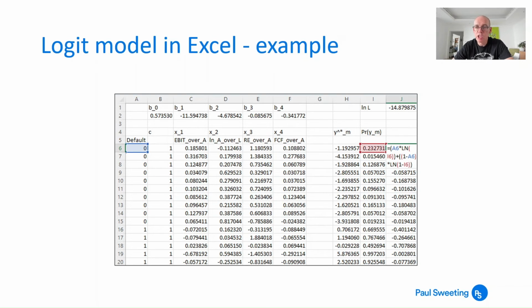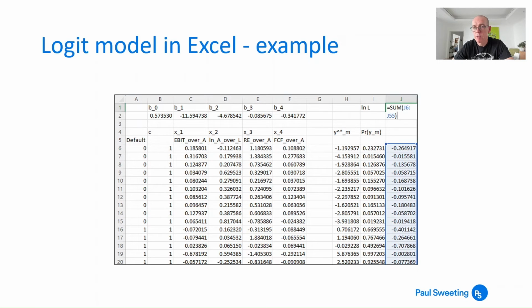And then in J6, I've got the likelihood function for each individual firm, which you can see is A6 multiplied by the log of that probability plus 1 minus A6 multiplied by the log of 1 minus that probability. And I do that for every single firm, and then I sum them to have the full log likelihood function.